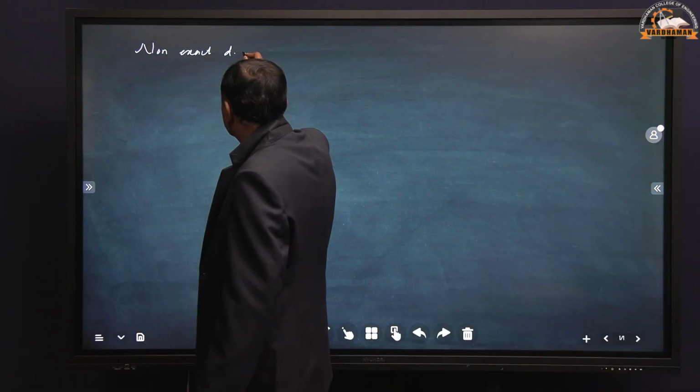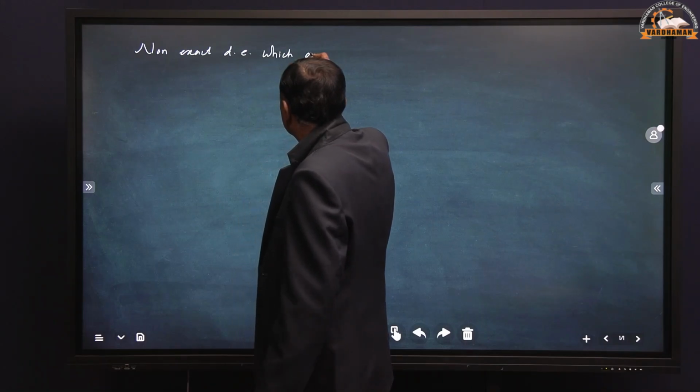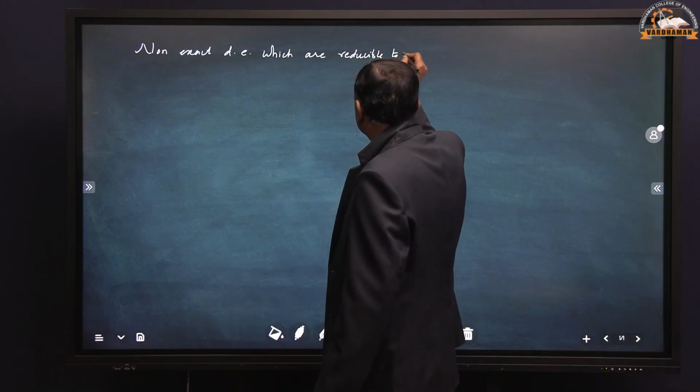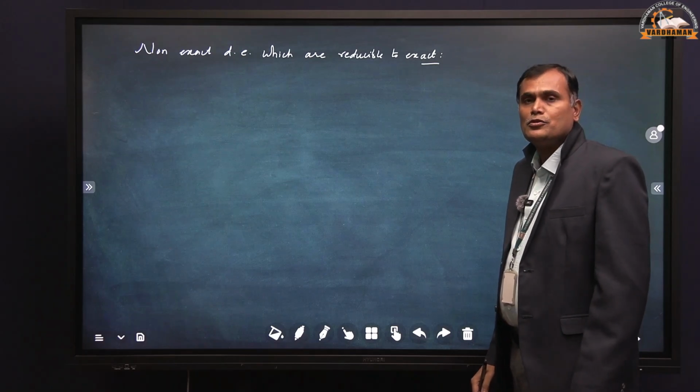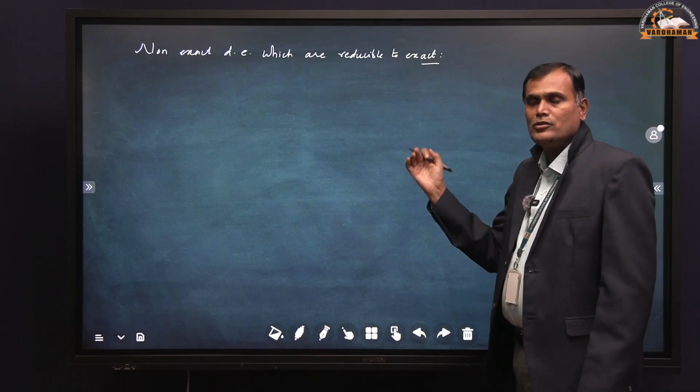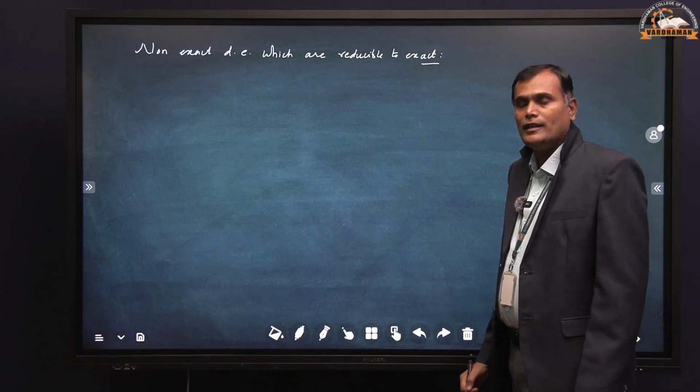Non-exact differential equations which are reducible to exact. In my earlier video we discussed two methods to find an integrating factor. Now I am going to discuss the other two methods to find integrating factors.